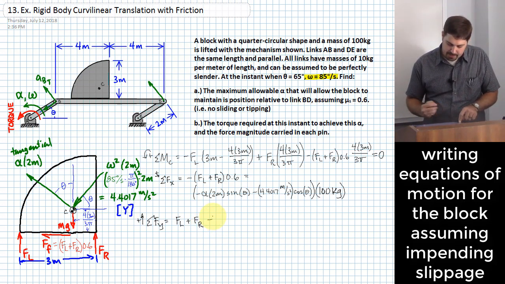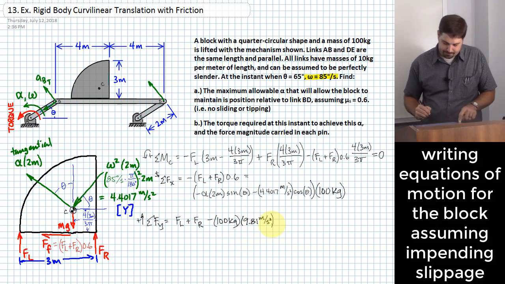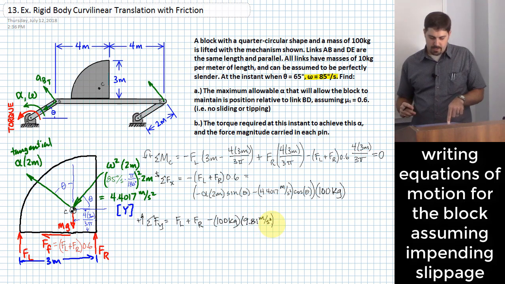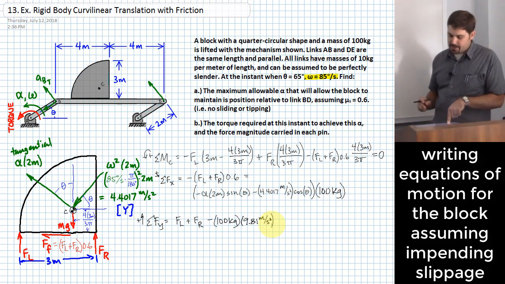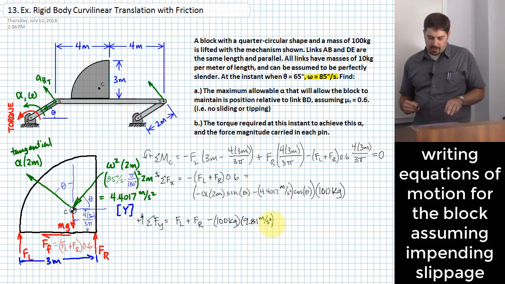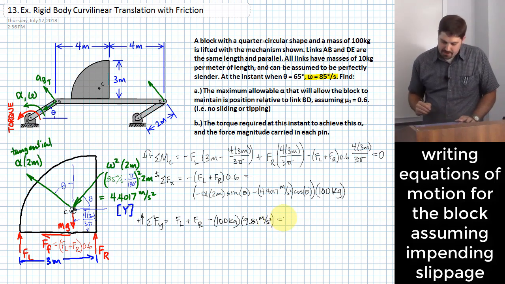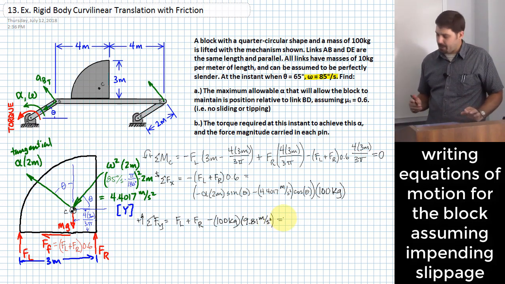Minus mg, that's the weight, so that's minus 100 kilograms times 9.81 meters per second squared. Any other forces in the y direction? I think that looks like I've got everything. So I'll set this equal to the acceleration I have in the y direction.